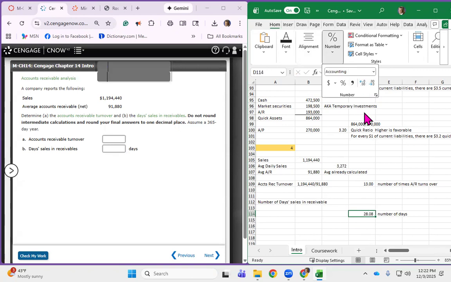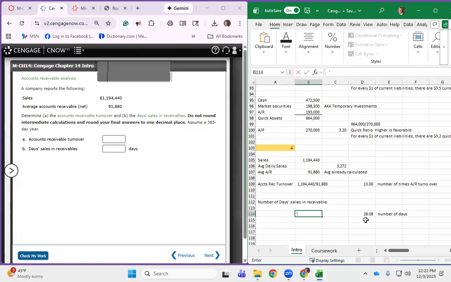I'm going to make that 2 decimal places because I want us to be as precise as we can. So one more time, the formula that I used was the average accounts receivable, divided by the average daily sales, which I've already calculated. This is the numbers that were used to get that number.